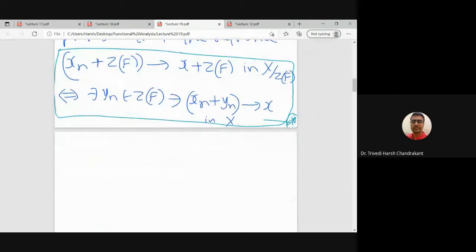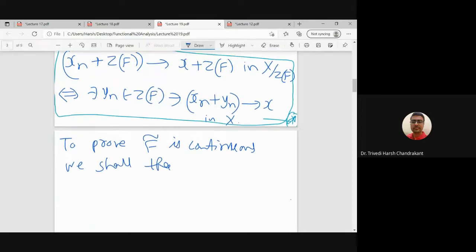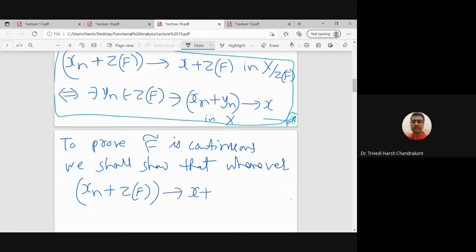So to prove f tilde is continuous, we shall show that whenever xn plus kernel f, that means we have the sequence in the quotient space, converges to x plus kernel f, right?